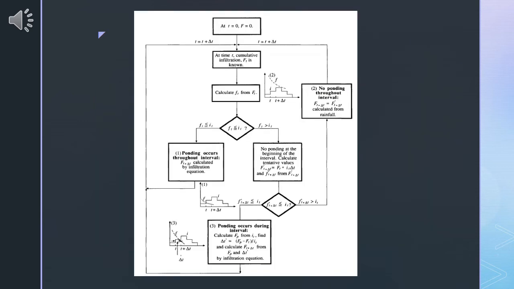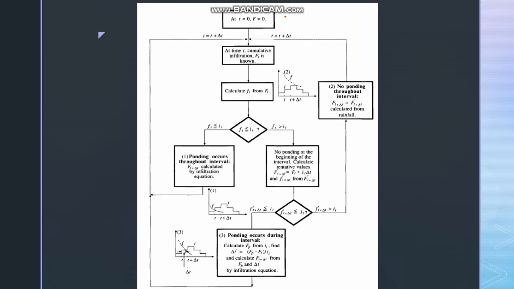In order to do the infiltration equation with an iterative procedure, we need to follow this flow chart. Let's go through it and then investigate step by step what it means. Let's consider we are at this stage, where time is equal to 0 and cumulative infiltration is 0, so dry soil.